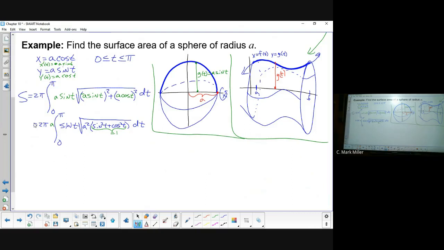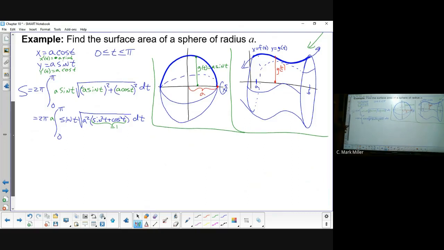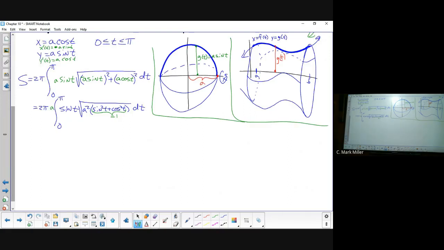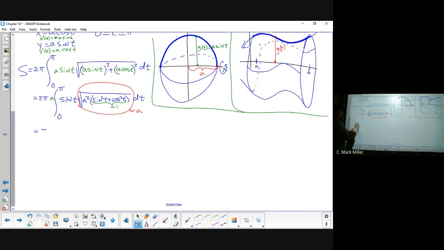I probably ought to put in examples that are more robust, but my goal is just to show you the method. So this whole thing just equals a. That makes it a squared on the outside, and then integral 0 to pi of sine t dt.